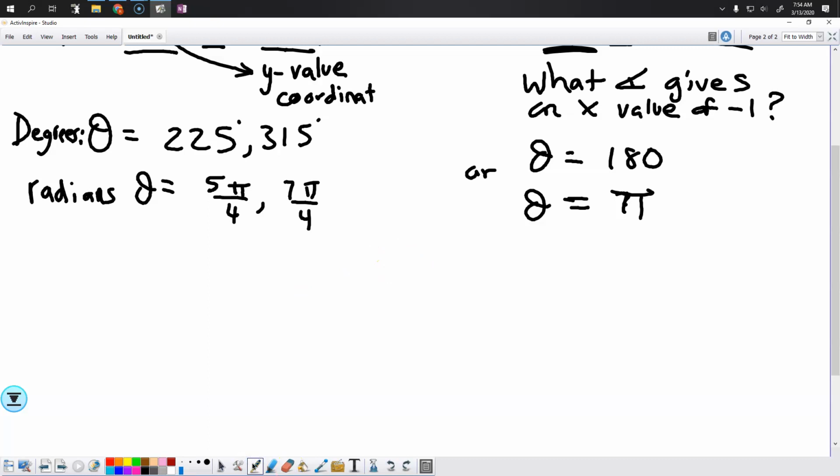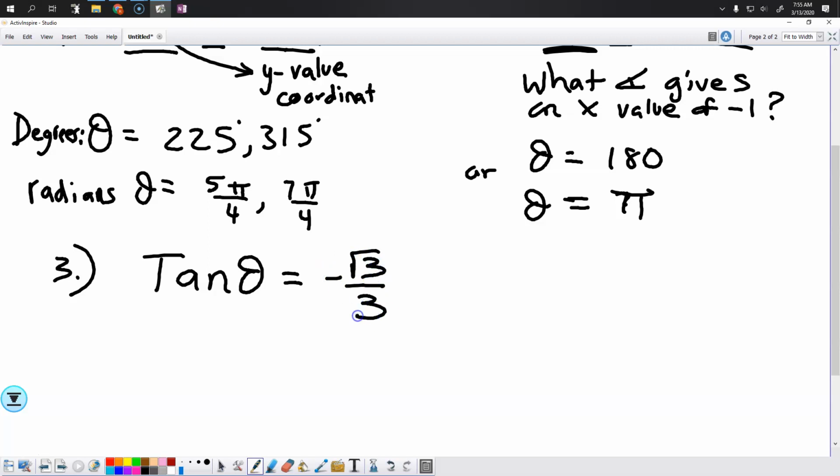All right, let's look at another one here. So this is different because tangent is not x or y, right?